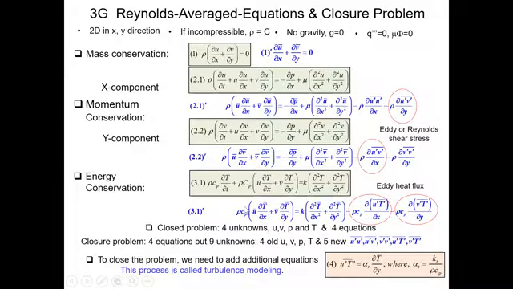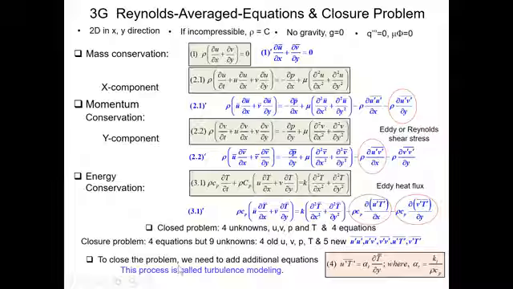Now we're in trouble after doing the averaging, because originally we have 4 unknowns, 4 equations. The problem is closed, meaning we can get a solution. Now we still have 4 equations, but we have new unknowns. So we could not get a solution.